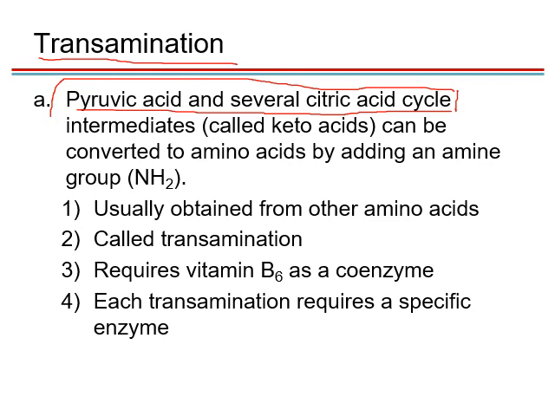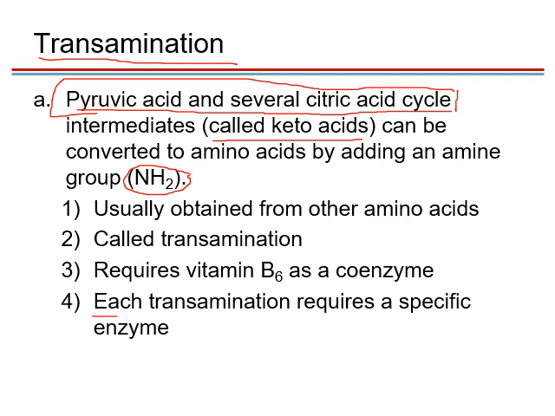Okay, these intermediates, the pyruvic acid and the intermediates, remember we had all those molecules throughout the citric acid cycle that I didn't make you memorize, but they are called keto acids. And if we can add an amine group to some of these intermediates in the citric acid cycle, we can basically create those non-essential amino acids.